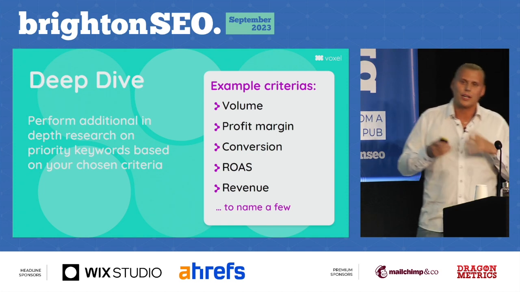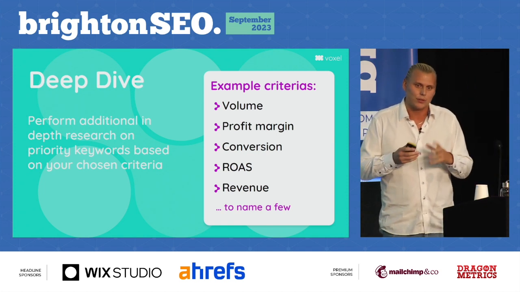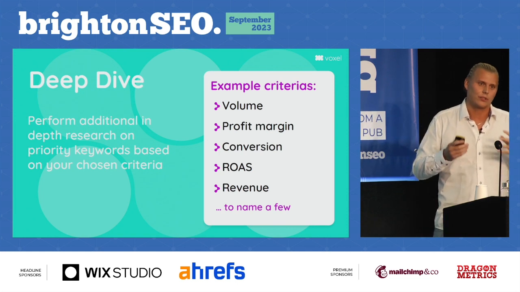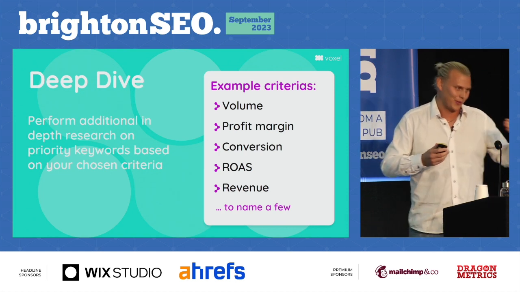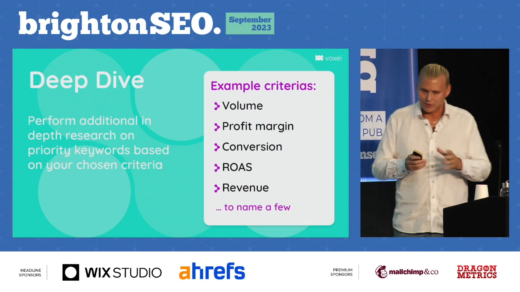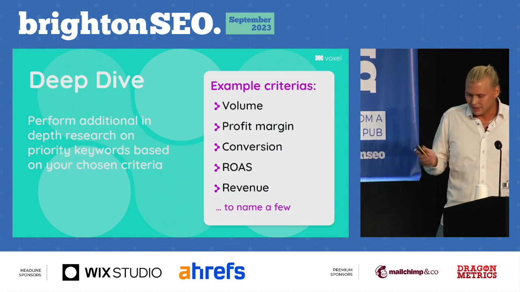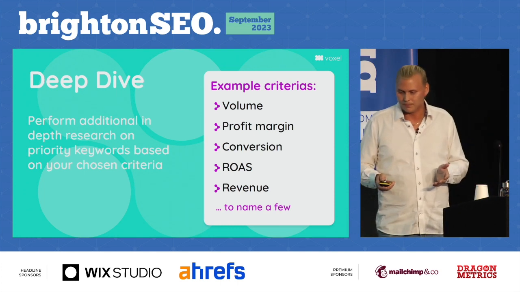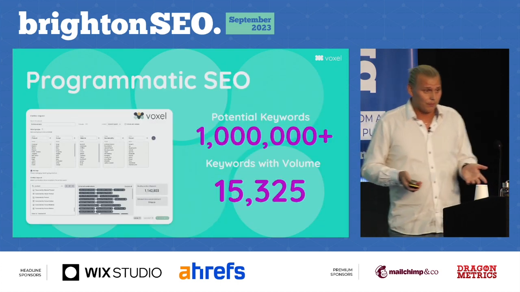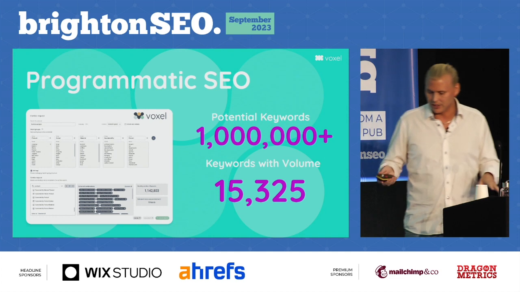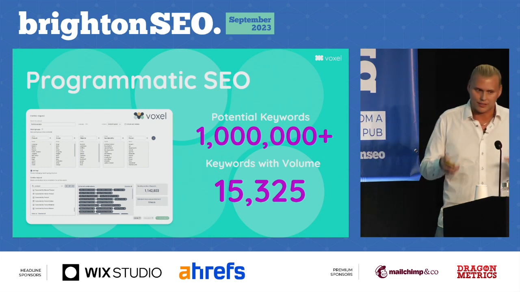But try to really make sure that for your most important keywords and topics, you do extended research to make sure that you get the full spectrum in your keyword portfolio. When applicable, there isn't always a case for this, but when it is, I think it's definitely worth doing.